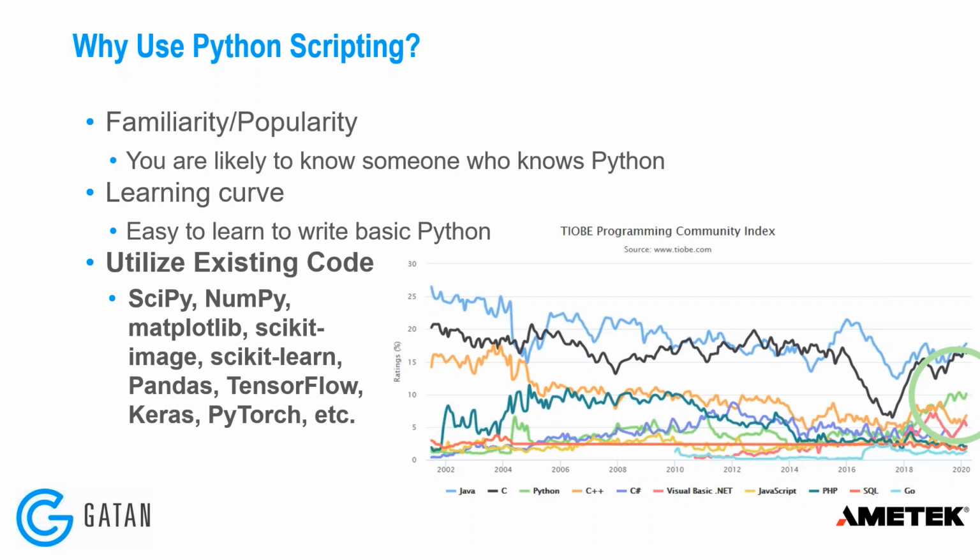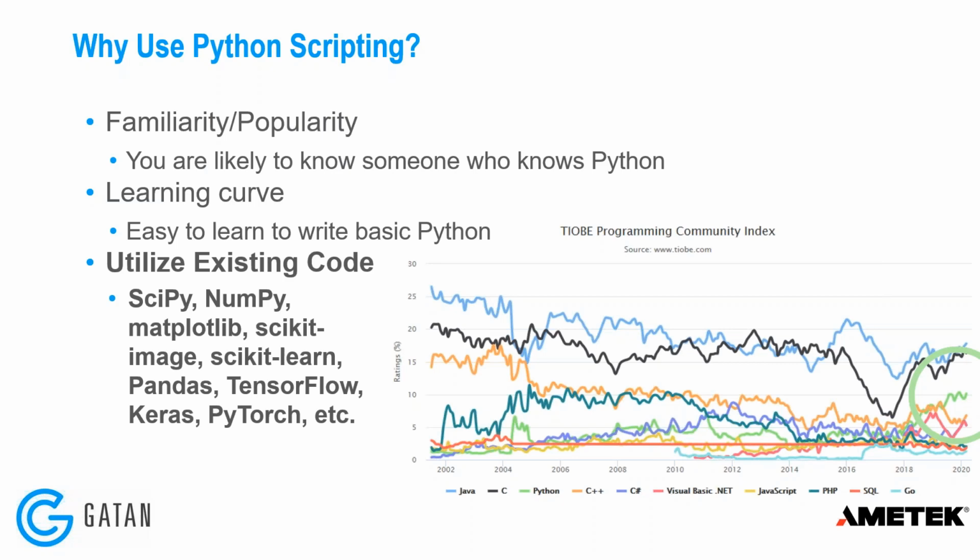And I think this is really the primary benefit for using Python scripting, is there's a vast amount of existing code online, most of which is free, most of which is open source.